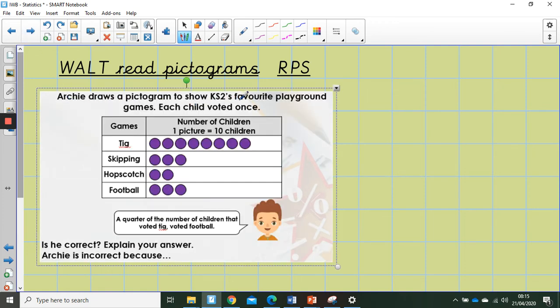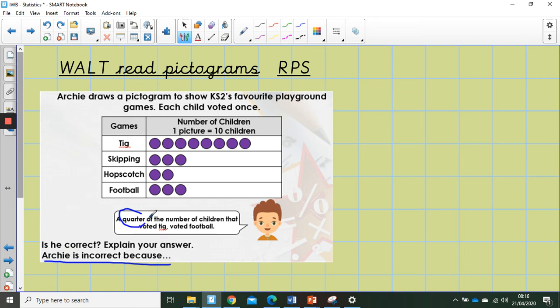Archie draws a pictogram to show Key Stage 2's favourite playground games. Each child voted once. Tig, which we call it, skipping, hopscotch and football. So we're going to find out if Archie is correct. I can already see he's incorrect because this is showing me how to answer the question. A quarter of the number of children that voted Tig voted football.